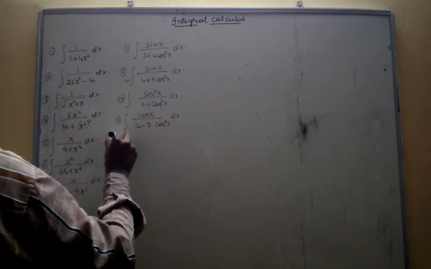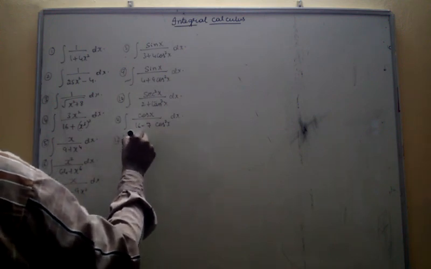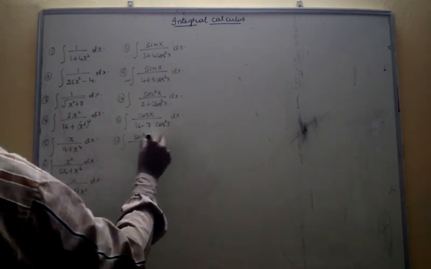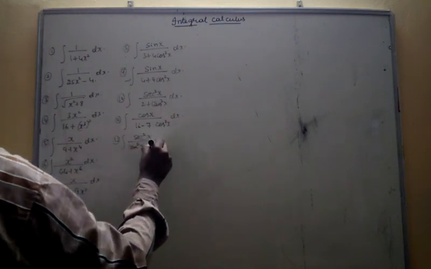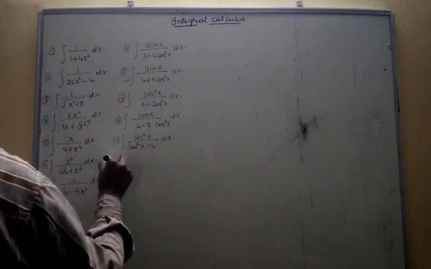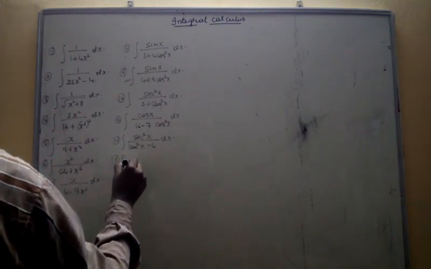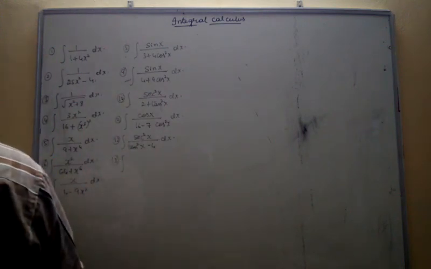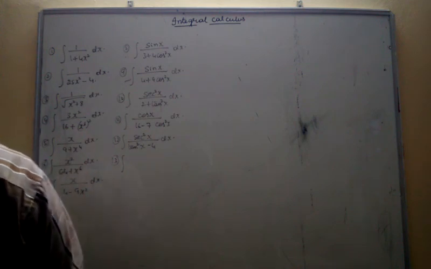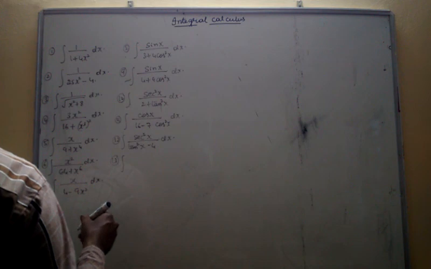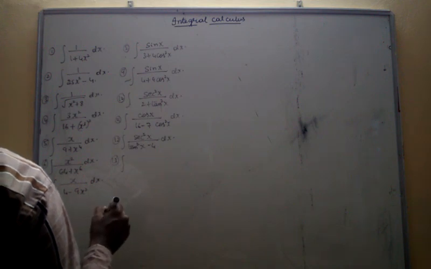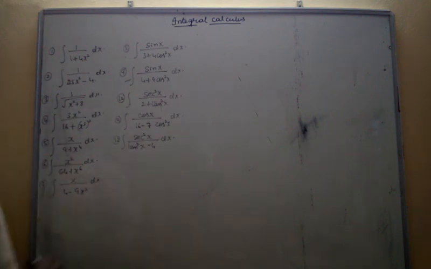Next, 12th one, integration of secant square x by tan square x minus 4 dx. Solve the 12 questions as an assignment.